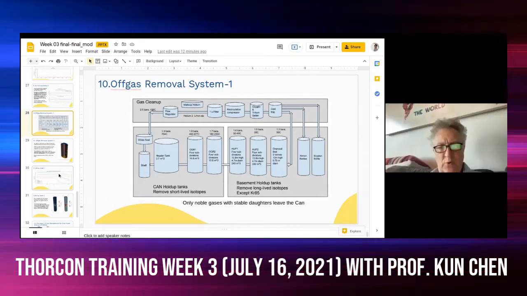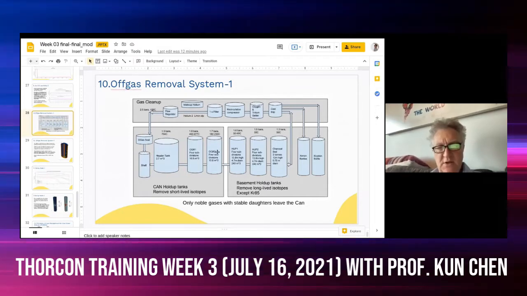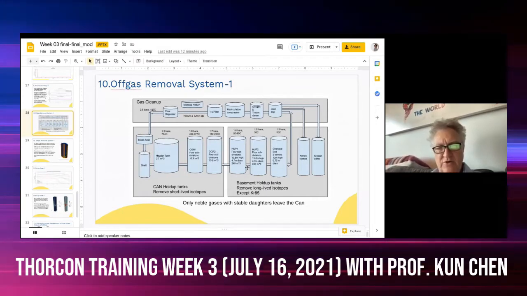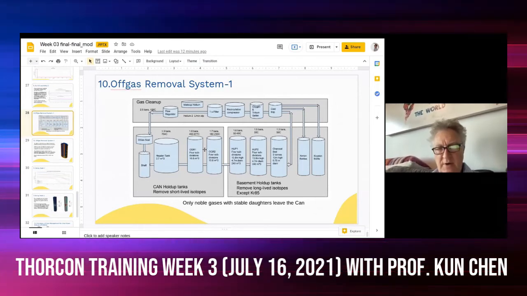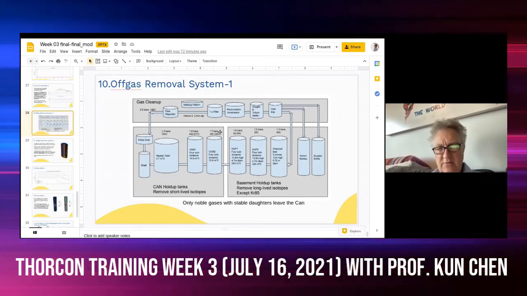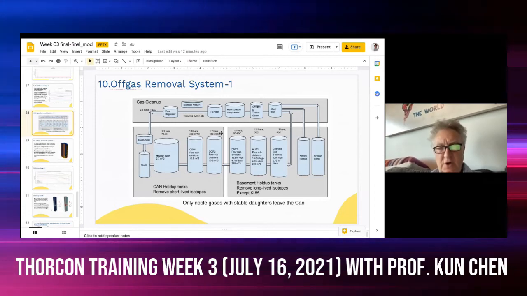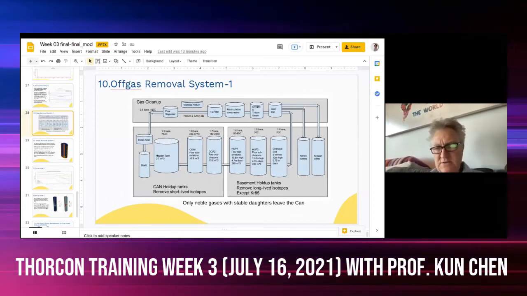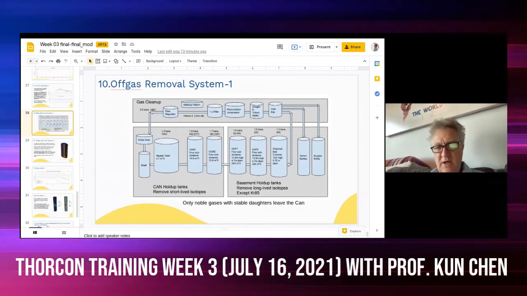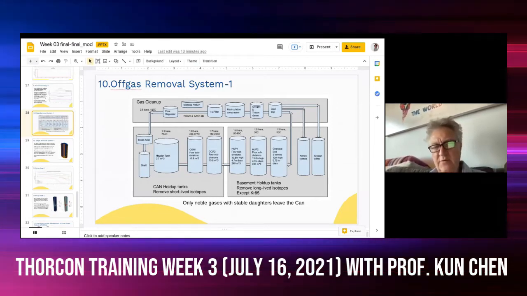The one thing I would point out on this is that the header tank, OGR1 and OGR2 are inside the can. And by the time that we've left OGR2, the radioactive gases are noble gases and their daughters are not radioactive.